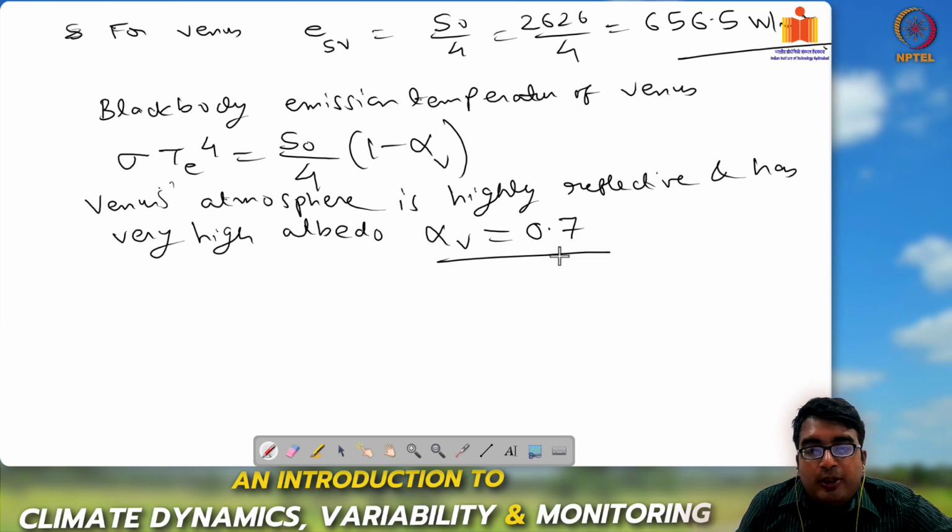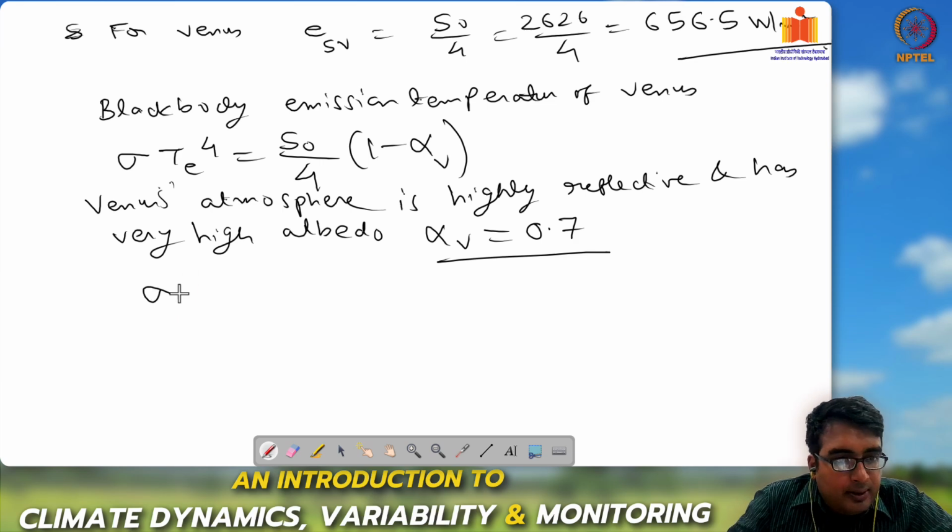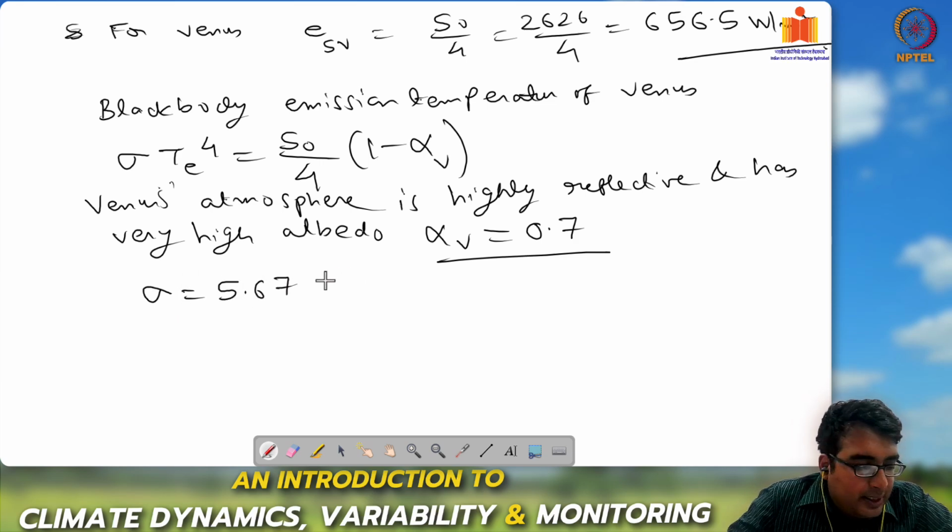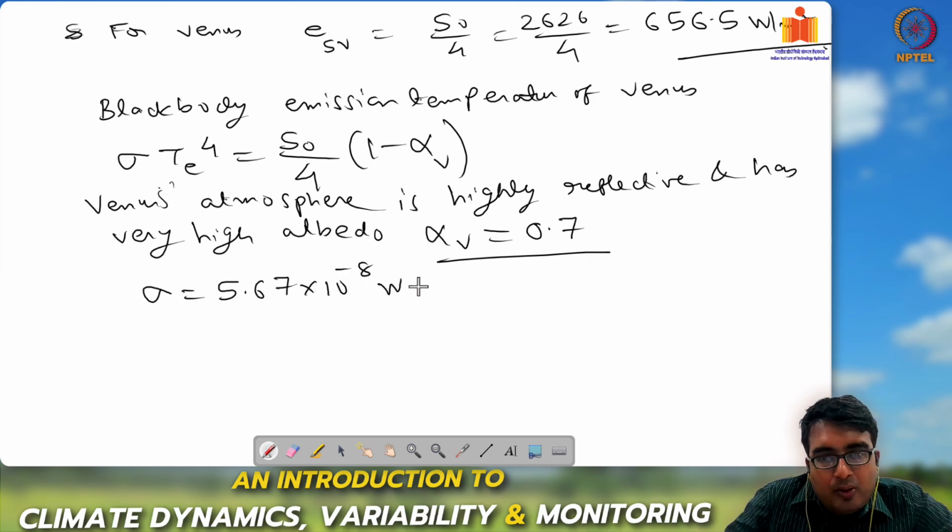So now if you put alpha V as 0.7, there is the S0 by 4 value here, and sigma is the Stefan-Boltzmann constant, 5.67 into 10 to the power minus 8 watt meter to the power minus 2 Kelvin to the power minus 4.